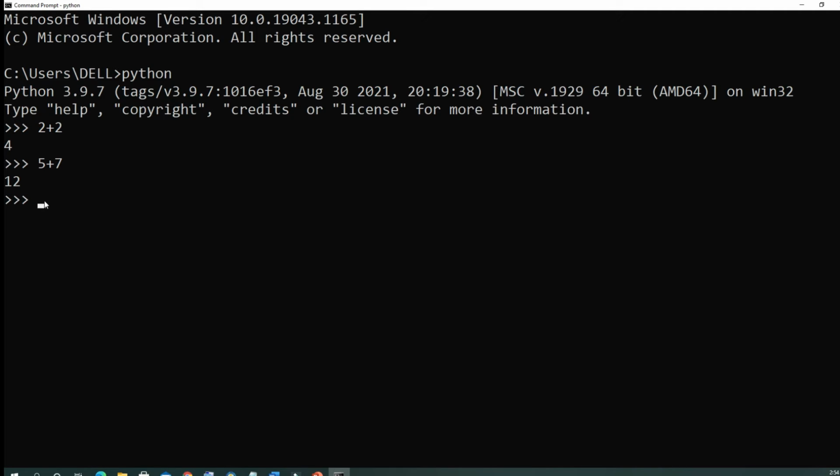So we are back in our CMD's IDLE, or interactive shell. We are going to experiment with the other operators out there. First of all, we have the exponent operator, being double star.